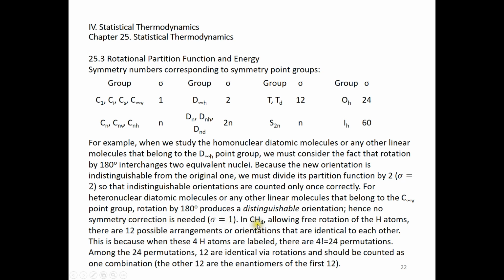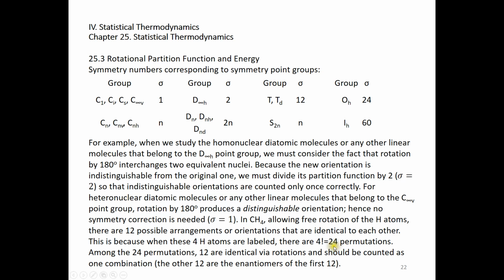In CH4, if we allow free rotation of the hydrogen atoms, there are 12 possible arrangements or orientations. Therefore, sigma is 12. And this is because when the 4 hydrogen atoms are labeled, there are actually 4 factorial, which is 24 different permutations.